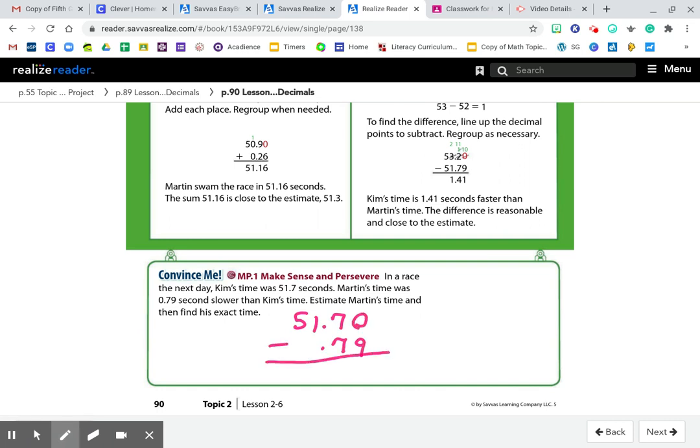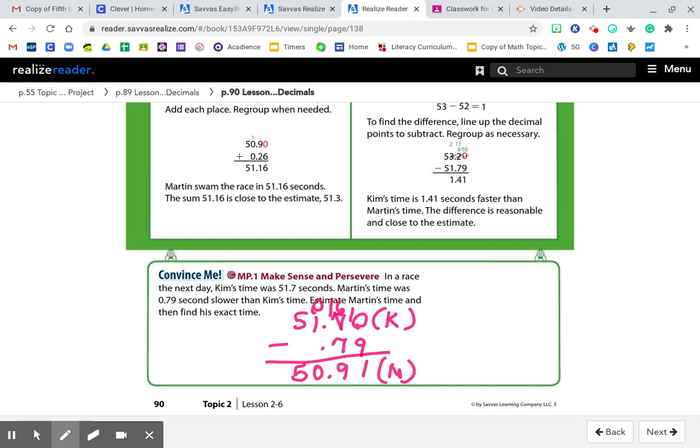So let's figure out what Martin's time was. So this was Kim, and this is Martin. So that's his exact time.